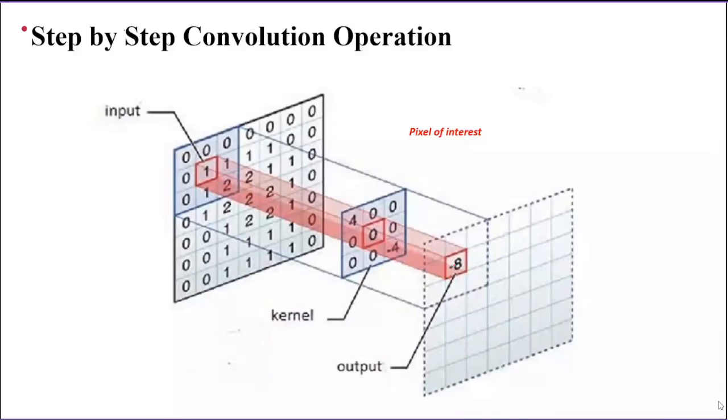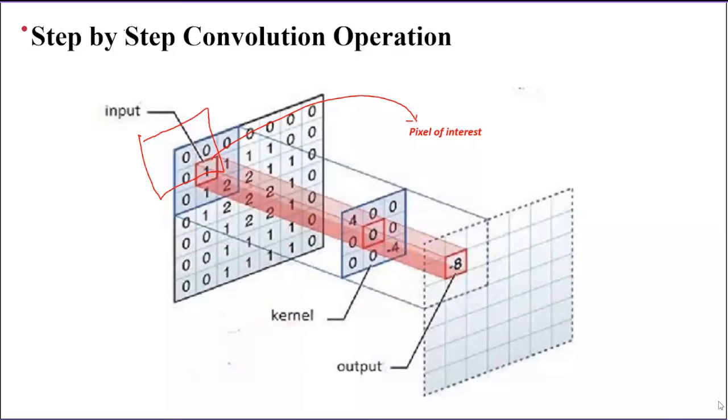When you place a kernel on an image, it will not be placed like this. If you place it like this, then the value here will be 0, so you will get a wrong answer.